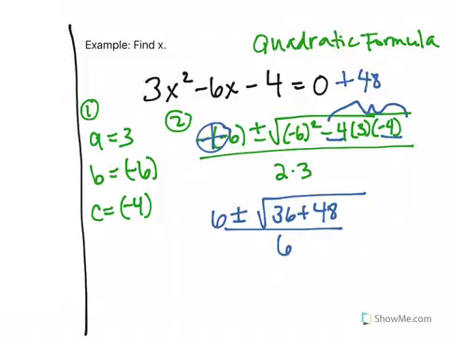We can add 36 plus 48, and that will get us 6 plus or minus the square root of 84 divided by 6. Alright, so now we need to factor 84.